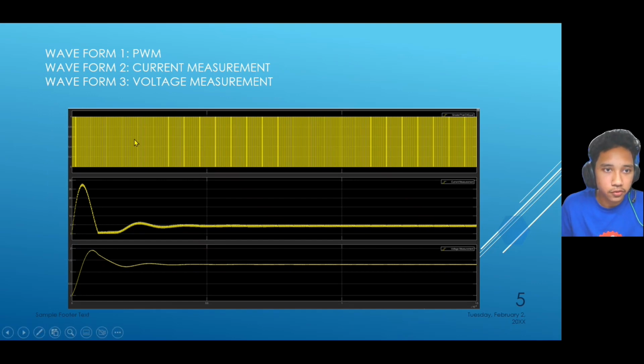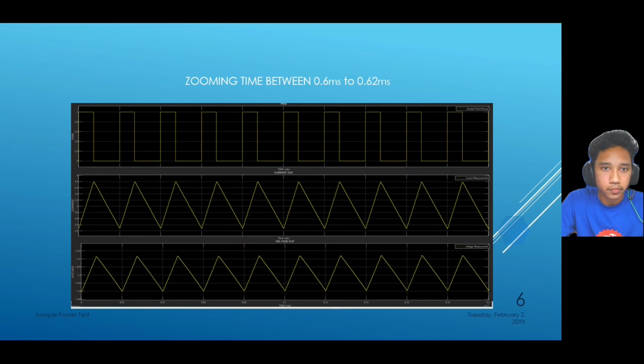This is the waveform that we get after the simulation. The first wave is the PWM waveform. The second is the current measurement waveform, and the third wave is the voltage measurement waveform. When we zoom the output waveform in between 0.6 ms to 0.62 millisecond, we can see more clearly the output waveform values for voltage and current.